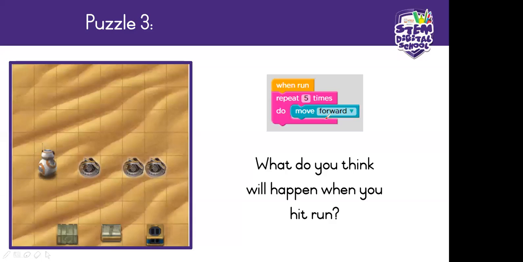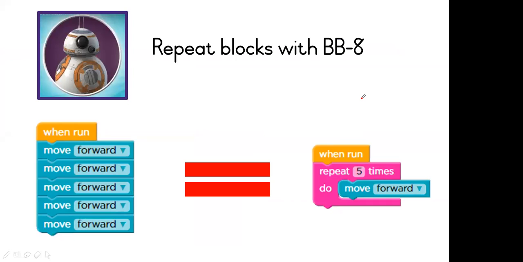Now let's quickly talk about repeat blocks, especially for those of our friends that are new. I will quickly explain what a repeat block is. Now sometimes, like the very first puzzle might probably look like this, we want BB-8 to move forward 1, 2, 3, 4, 5 times. So we will put 5 move forward blocks.